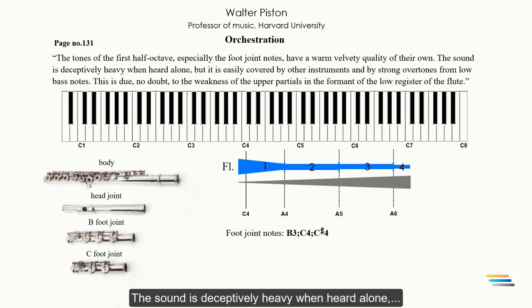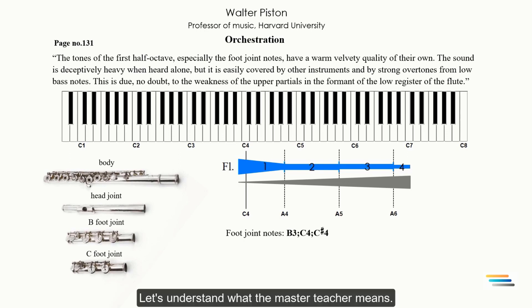The sound is deceptively heavy when heard alone, but it is easily covered by other instruments and by strong overtones from low bass notes. This is due, no doubt, to the weakness of the upper partials in the formant of the low register of the flute.